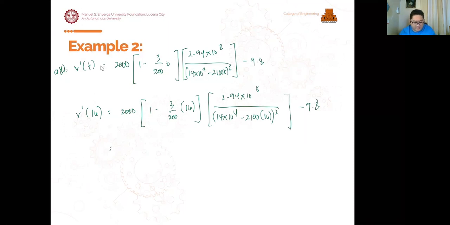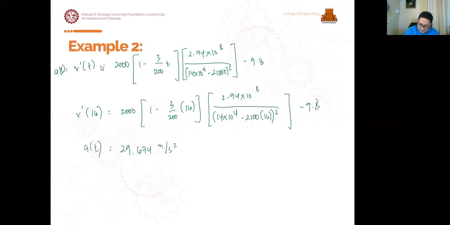Value natin, exact value is, so we have a value of 29.674 meter per second squared.